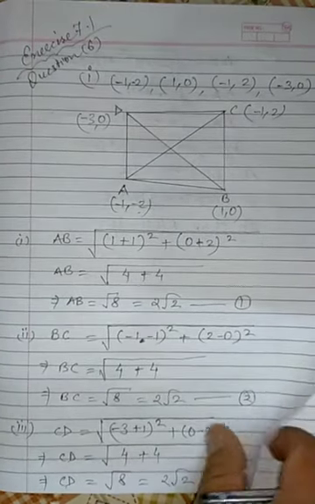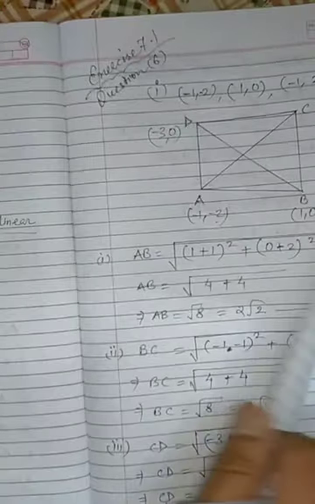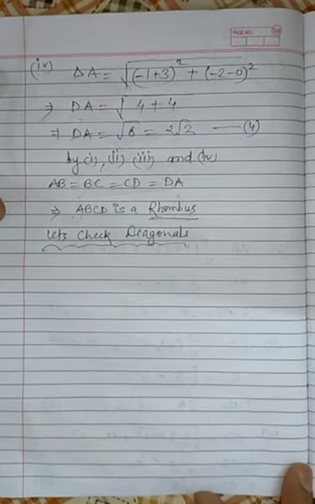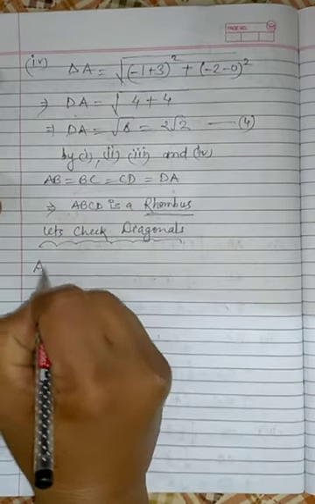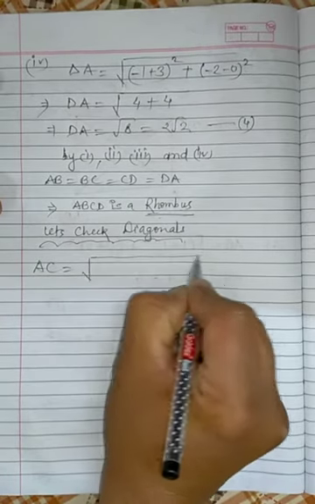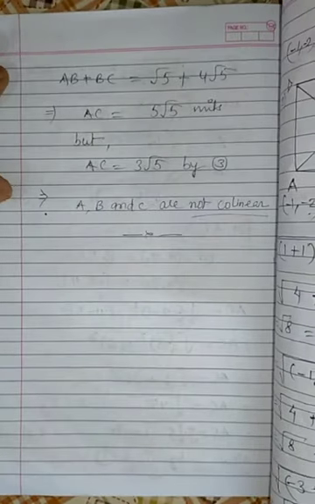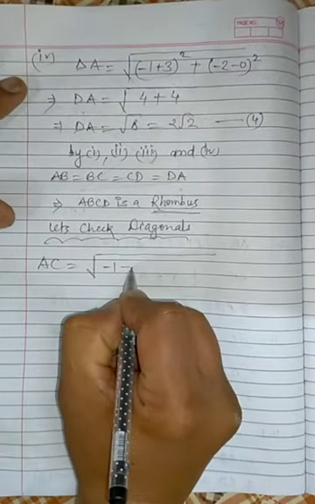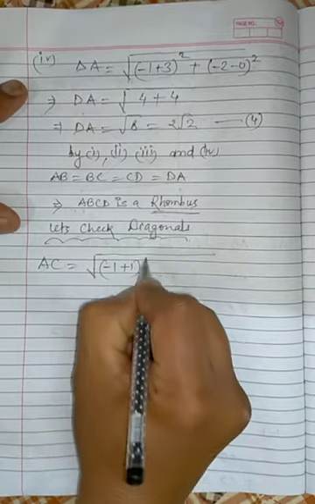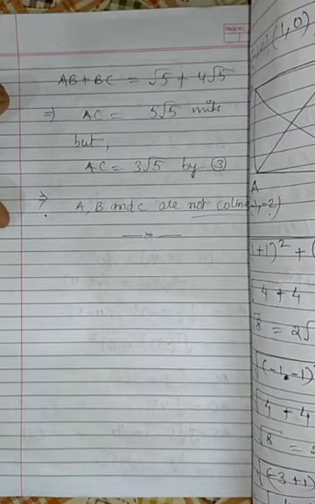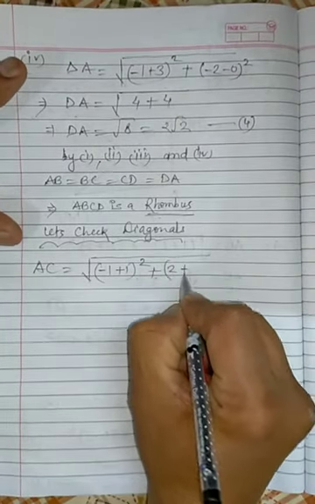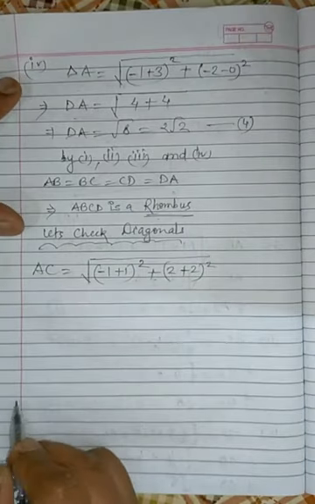Diagonal AC will be equal to under root (-1 minus -1, that is plus 1) whole square plus (2 minus -2, that is plus 2) whole square.